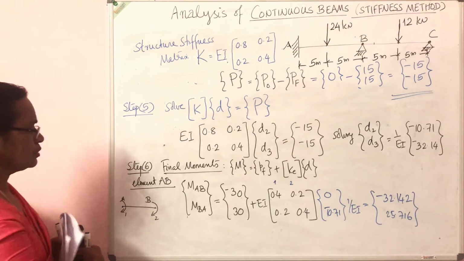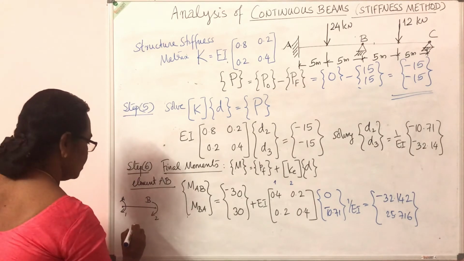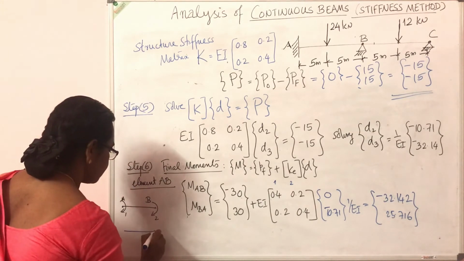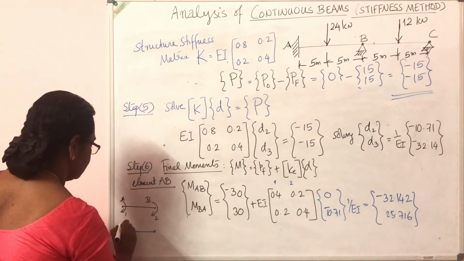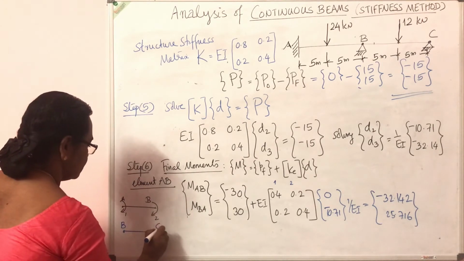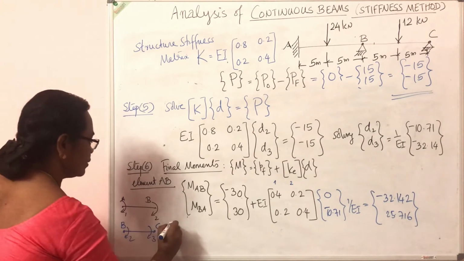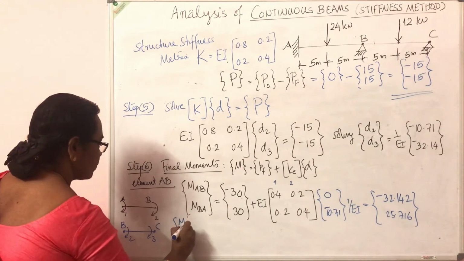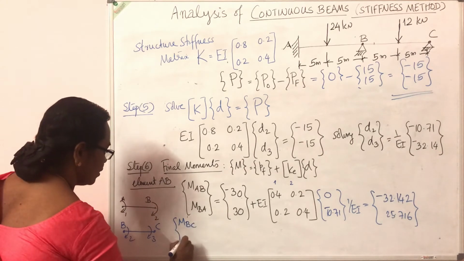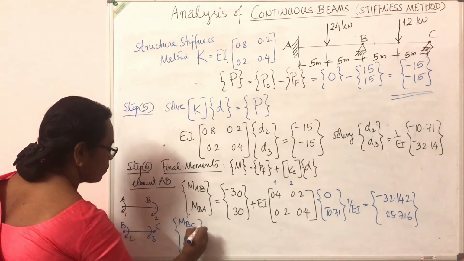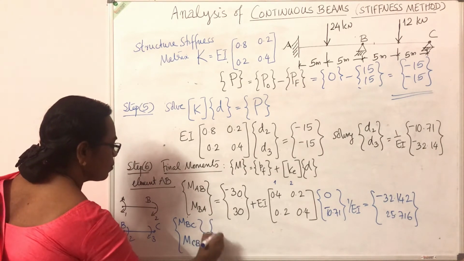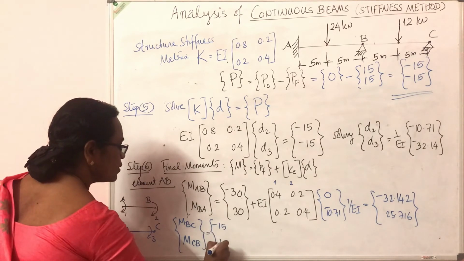Similarly, we have to get it for the second element BC, for which the coordinates were 2 and 3, giving MBC and MCB. The fixed end moment was minus 15, plus 15.